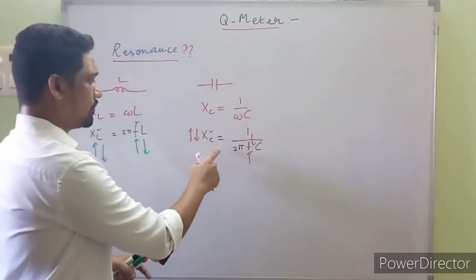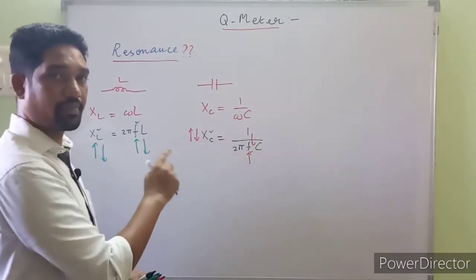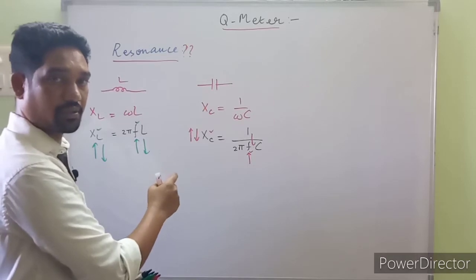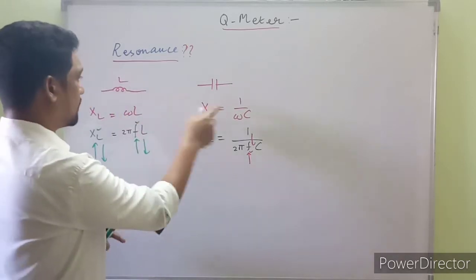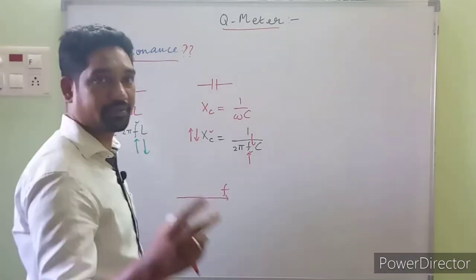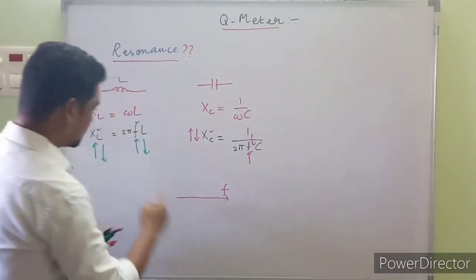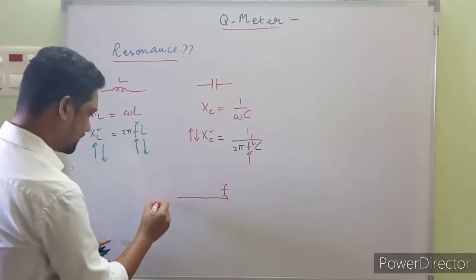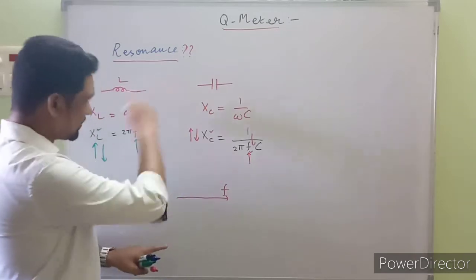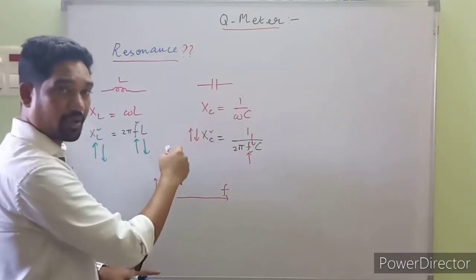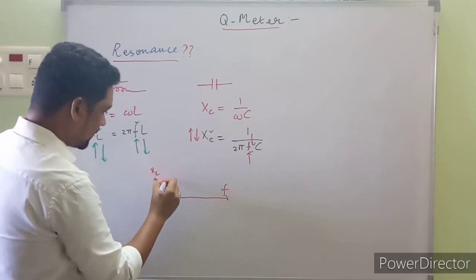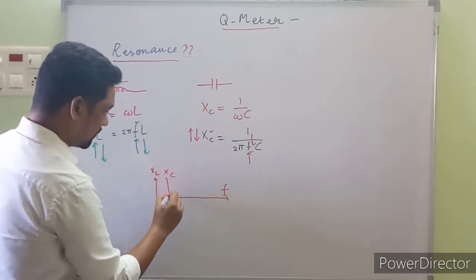If these two components, inductor and capacitor, are made a part of a single circuit and we vary the frequency, then with the increase in frequency, the inductive reactance XL goes on increasing, and the capacitive reactance XC comes down.